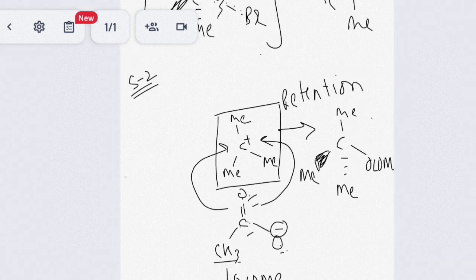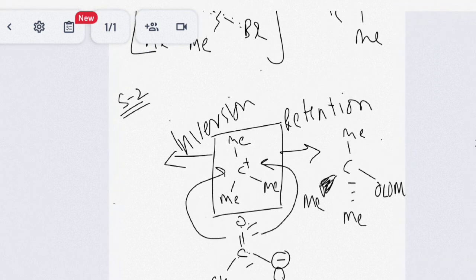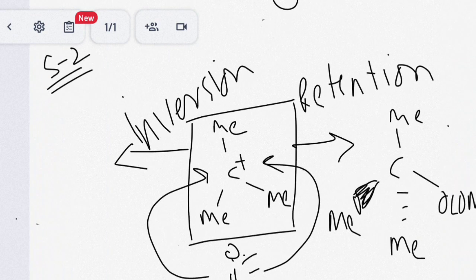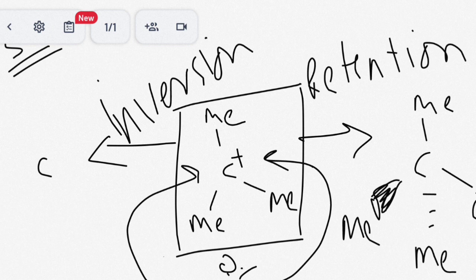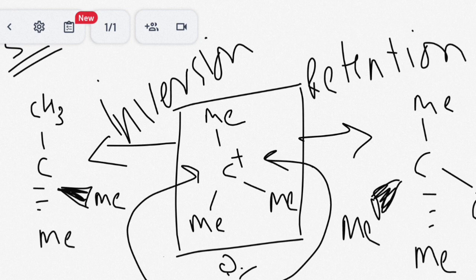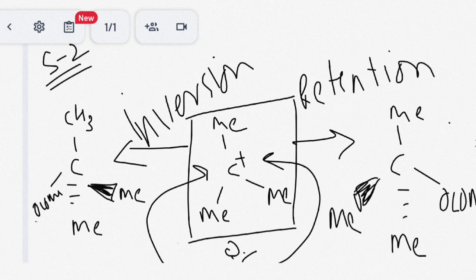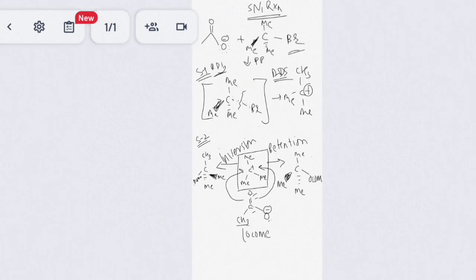So this is the retention of the molecule, and for inversion, from the other side it will get attached. So the inversion one would be like this. CH3, methyl will come here, here another methyl, and OCOMe will get attached on the different side. So these are the two products getting formed in SN1. So this is all about the SN1 mechanism.